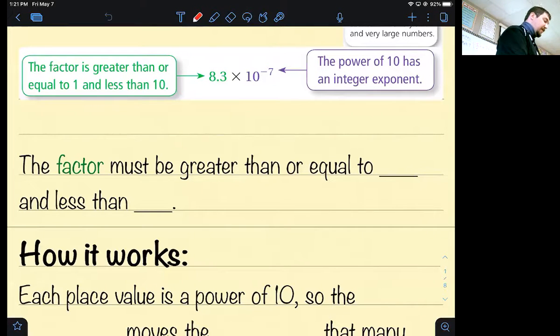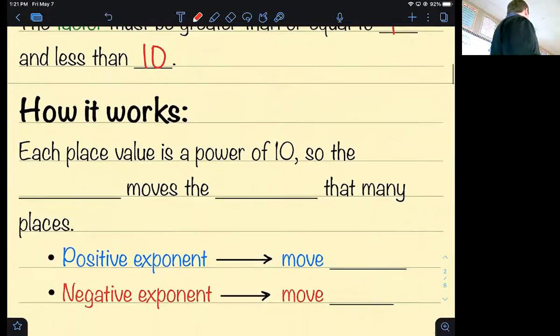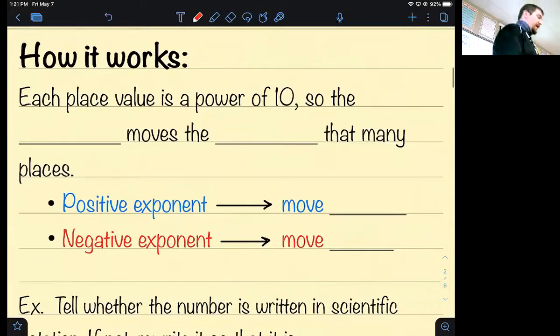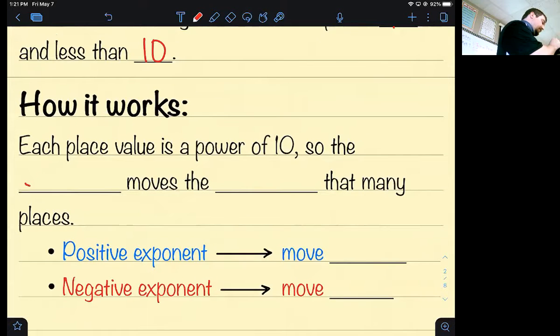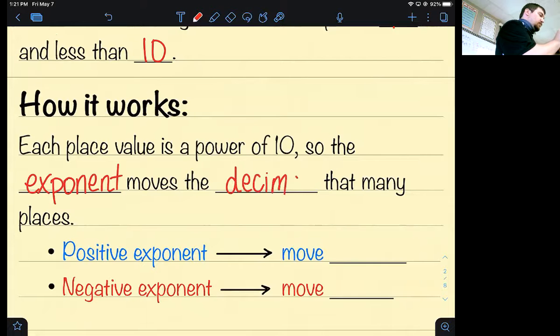The factor must be greater than or equal to 1 and less than 10. Just reiterating that fact. Gotta be greater than or equal to 1, less than 10. So I kind of explained how it works, but we're going to write it down here. Each place value is a power of 10. So the exponent moves the decimal that many places.